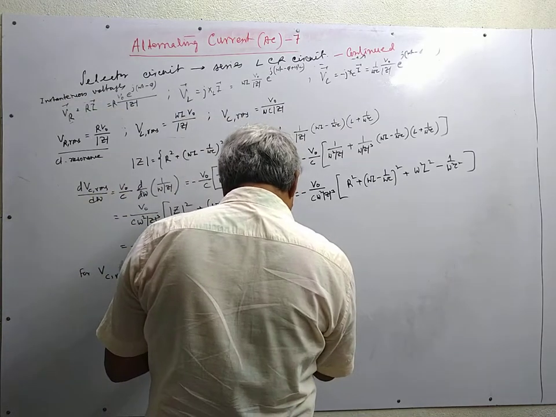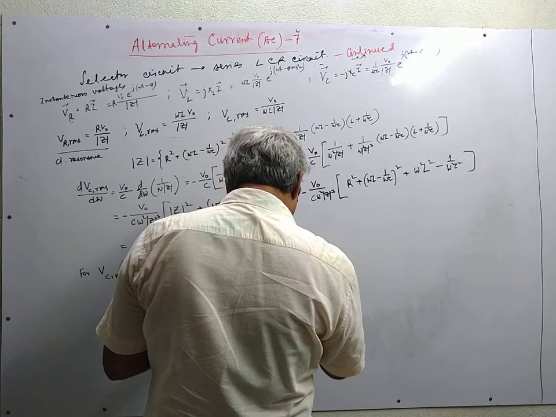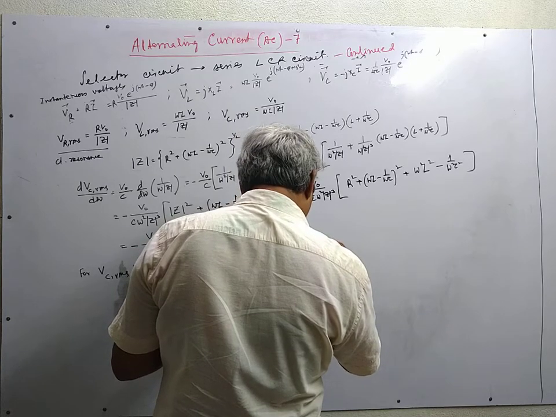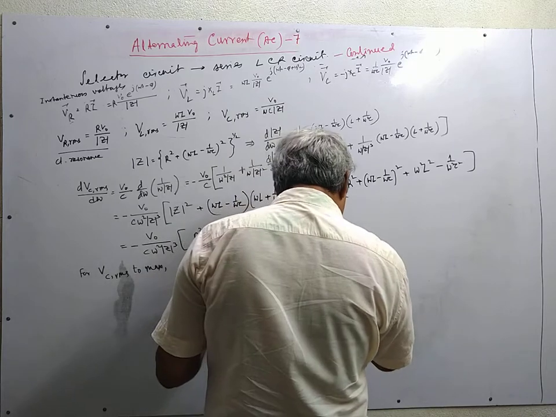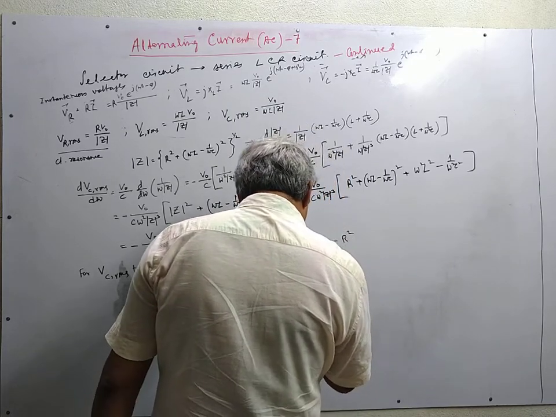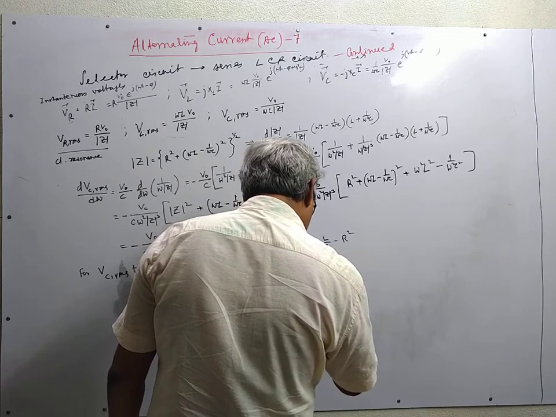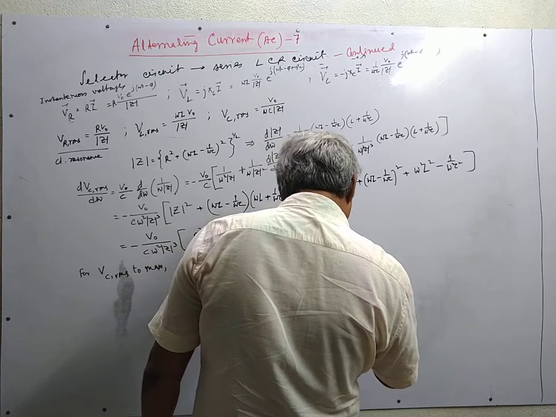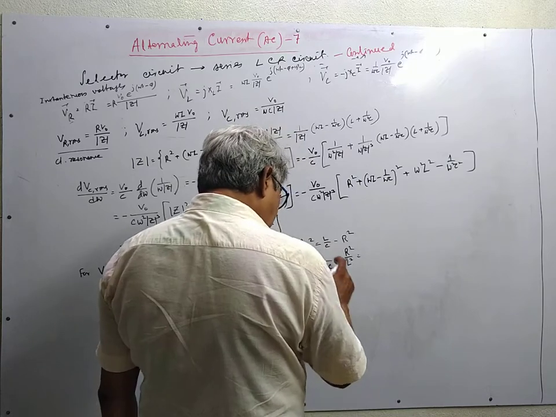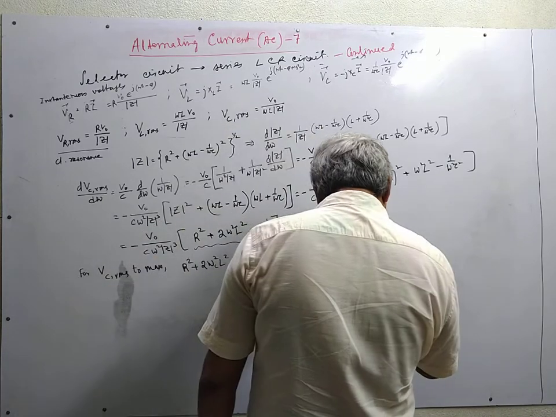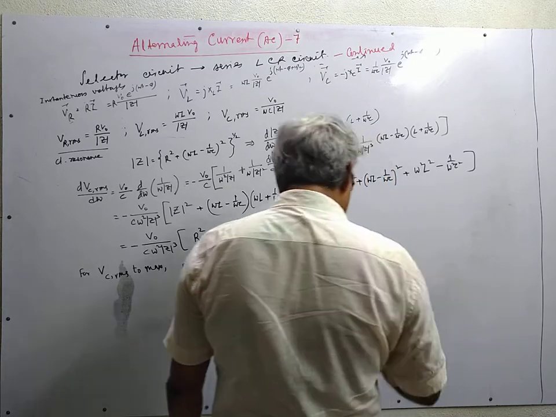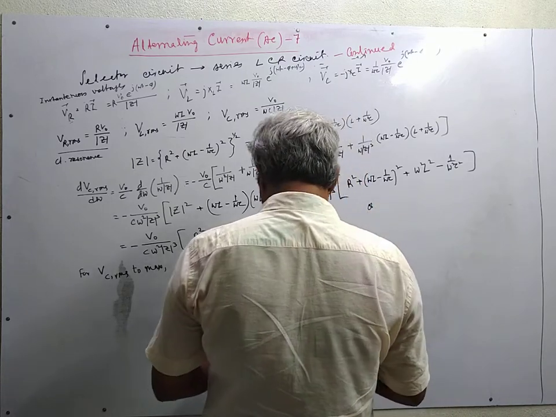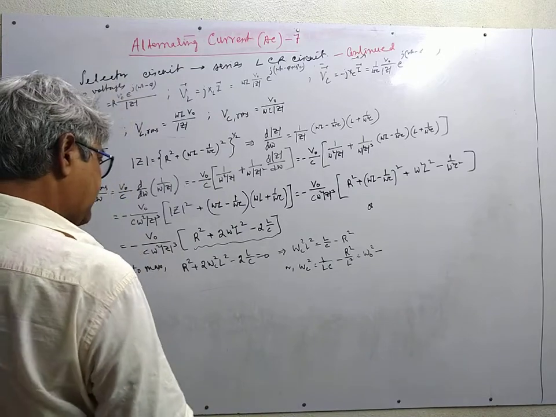This gives you omega C square equal to omega 0 square minus, you see the Q factor, R square by L square C square.